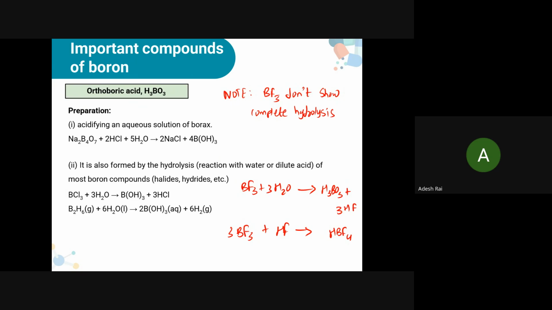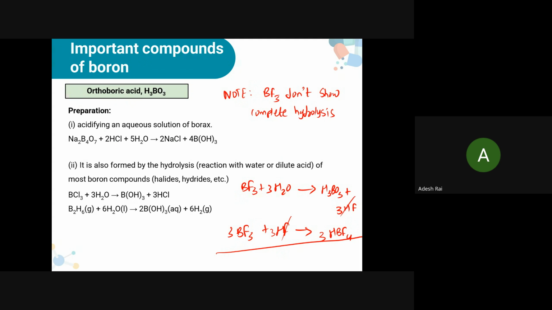So the HF which is formed in the first step reacts with BF3 again, and we get 3 HBF4. Now when we add both reactions, HF and HF will be cancelled.